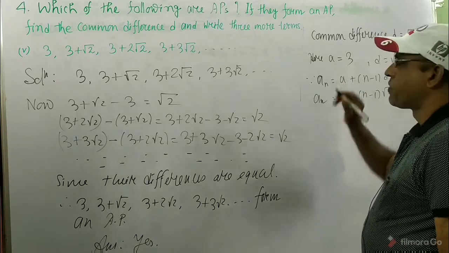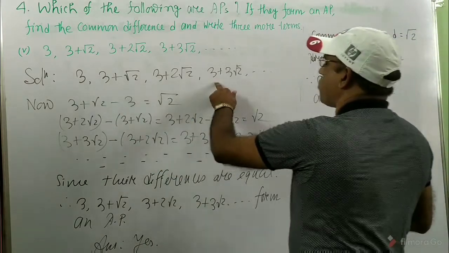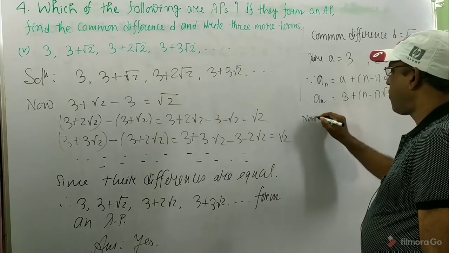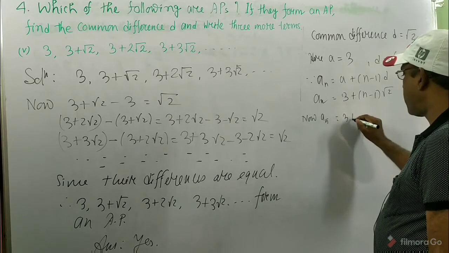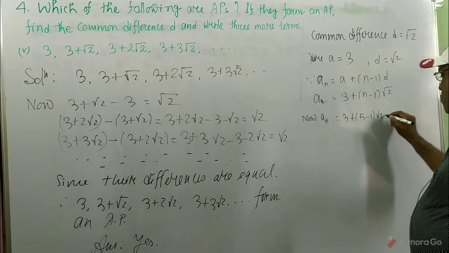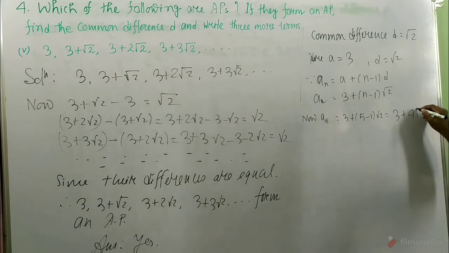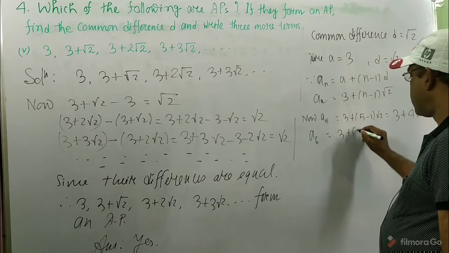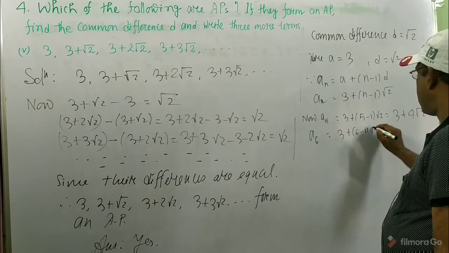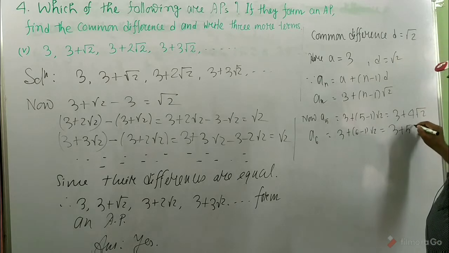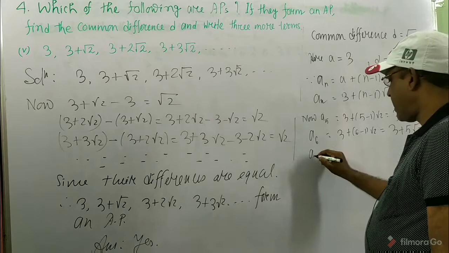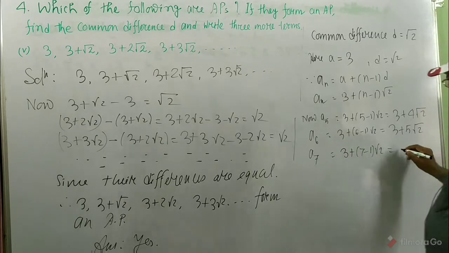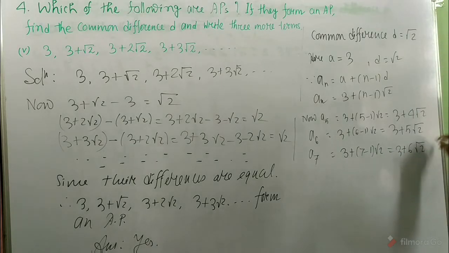This is our a_n. Now four terms are given, so the fifth term: a5 equals 3 plus (5 minus 1) into root 2, which is 3 plus 4 root 2. a6 is 3 plus (6 minus 1) root 2, which is 3 plus 5 root 2. a7 is 3 plus (7 minus 1) root 2, which is 3 plus 6 root 2.